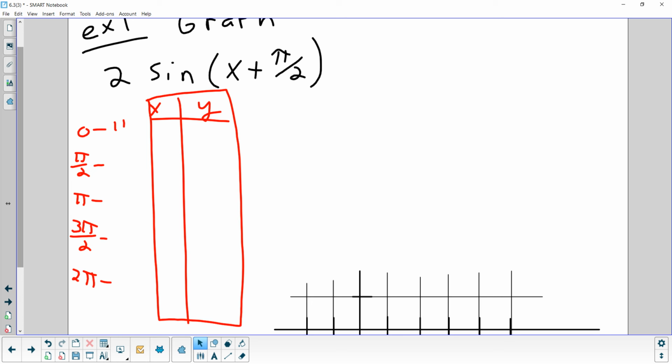Pi over 2. All right, so let's take care of this. What's 0 minus pi over 2? Negative pi over 2. What's pi over 2 minus pi over 2? 0. How would I do pi minus pi over 2?